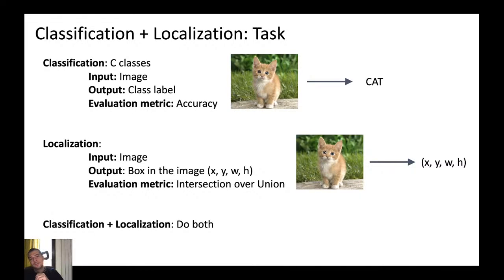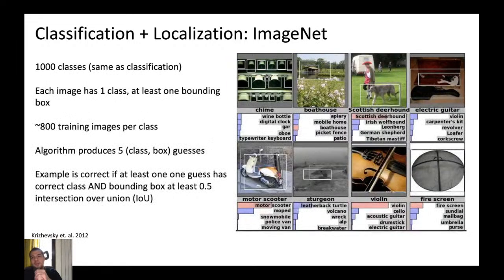So these VGG and ResNet models were also tested on the classification task, but also on the ImageNet localization task. This is done with the same number of classes, 1000 classes from ImageNet. These are the exact same classes as for the classification task.